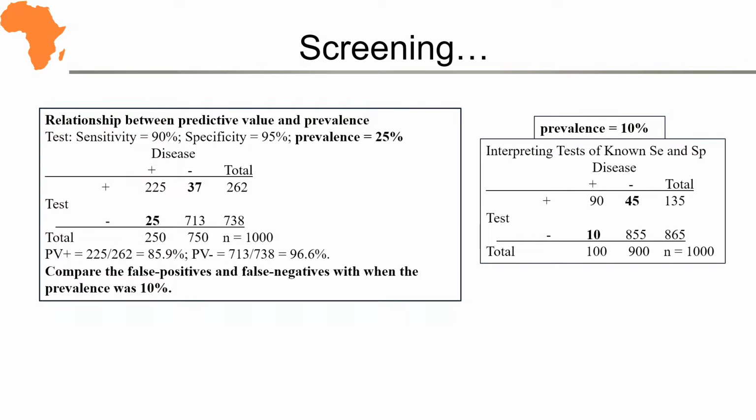What is the predictive value here? 90 over what? I want you to do it by hand so that we wake up.